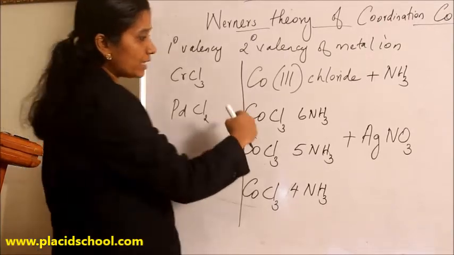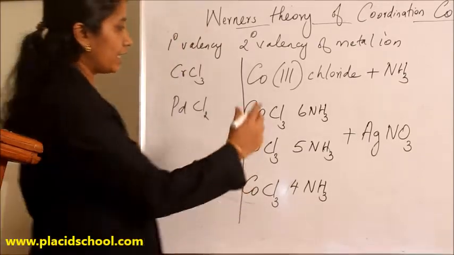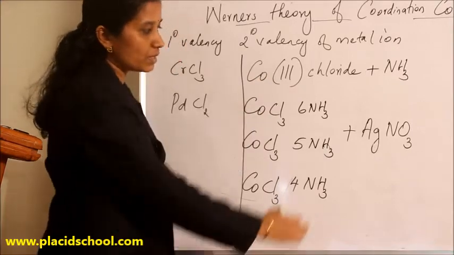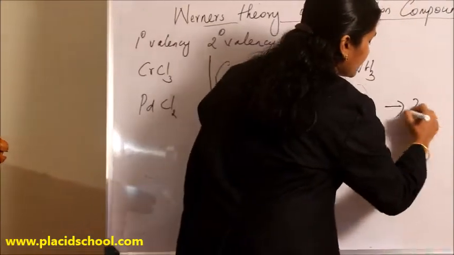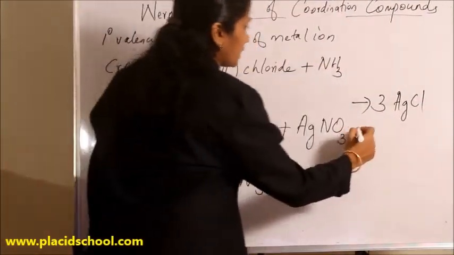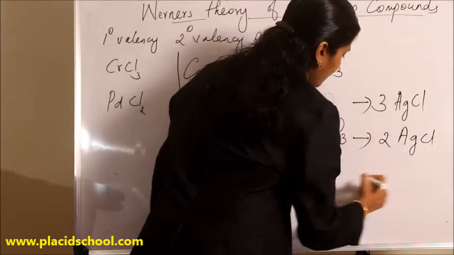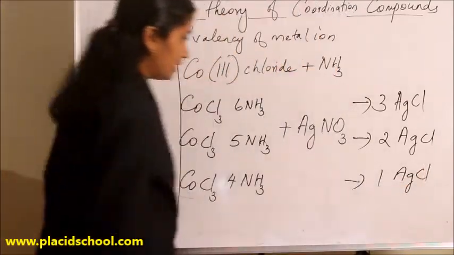So when he treated 1 mole of these compounds with silver nitrate solution, the first compound gave 3 AgCl, the second one 2 AgCl, the third one 1 AgCl.